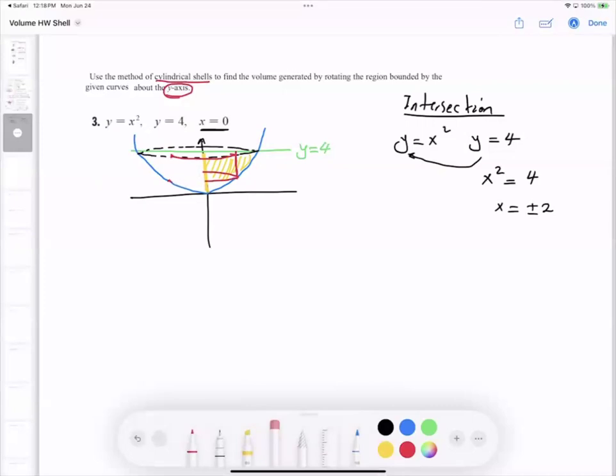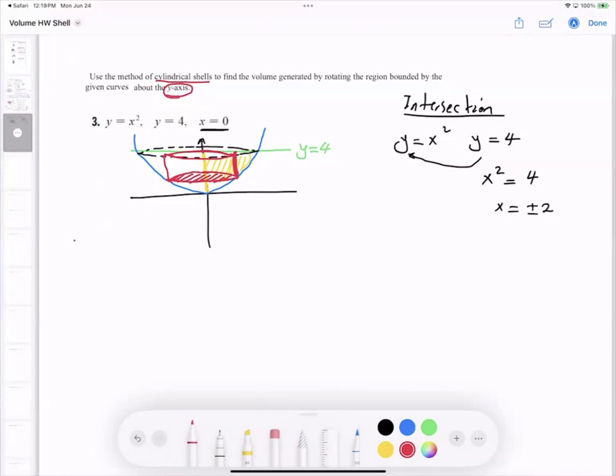Suppose this is one of the representatives. So you want to find the base and multiply it by the height, the area of the base. We're not using the washer method, we're using the shell method, everybody.